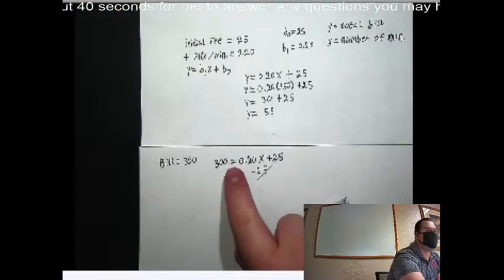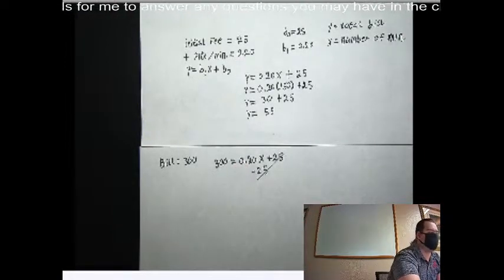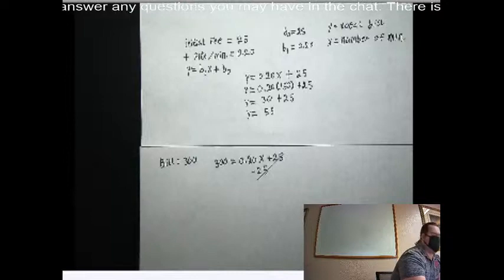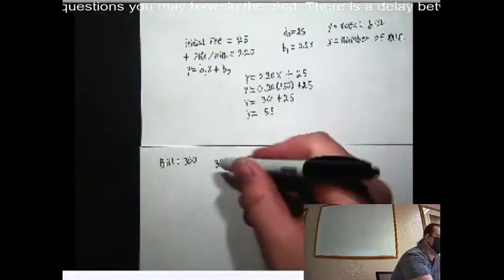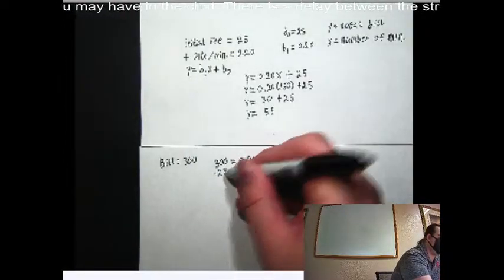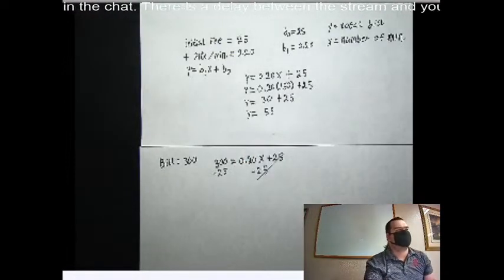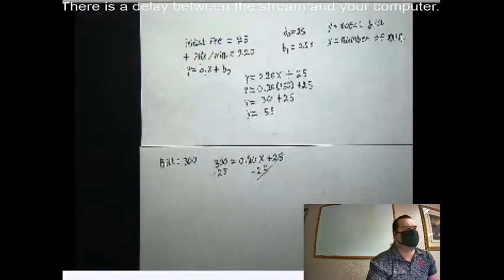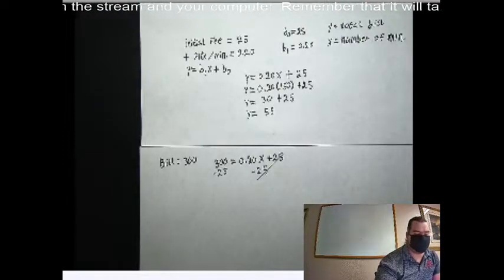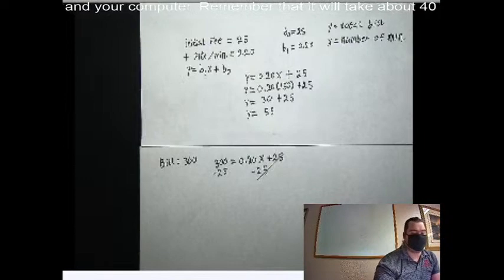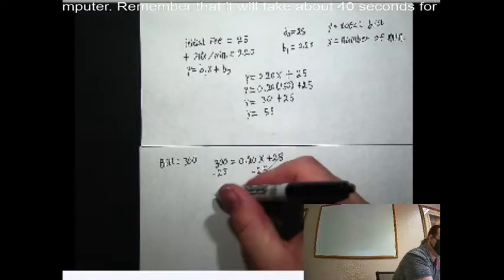However, equations like this show balance. So we have to balance this thing out. If I do negative 25 to this side, I have to do negative 25 to this side. Does that make sense? Yeah? Okay. So 300 minus 25 is going to give us 275.